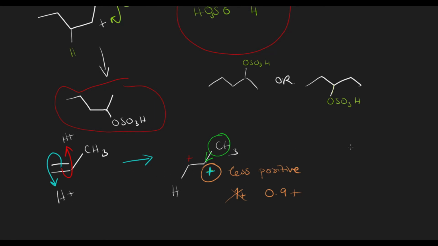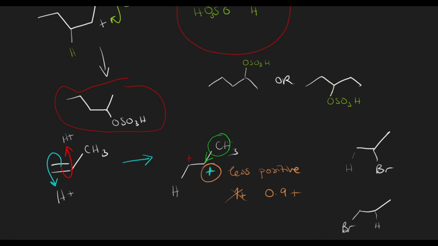So in this case, you would end up with much more of the material with your hydrogen at this end. If this was HBr, you'd end up with much more of this compound than of this compound, because of the stability of the intermediate carbocation, and that stability comes about by the number of donating groups.